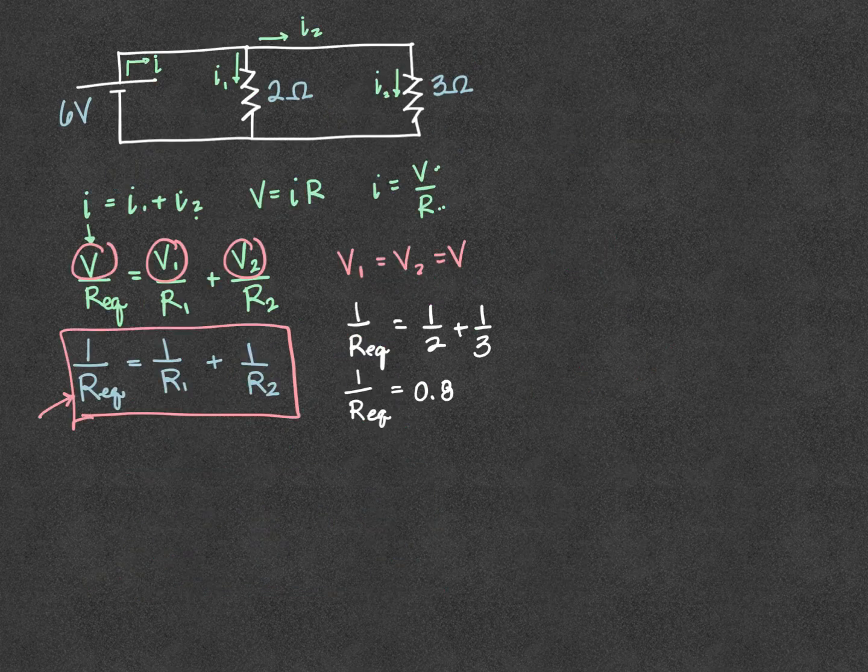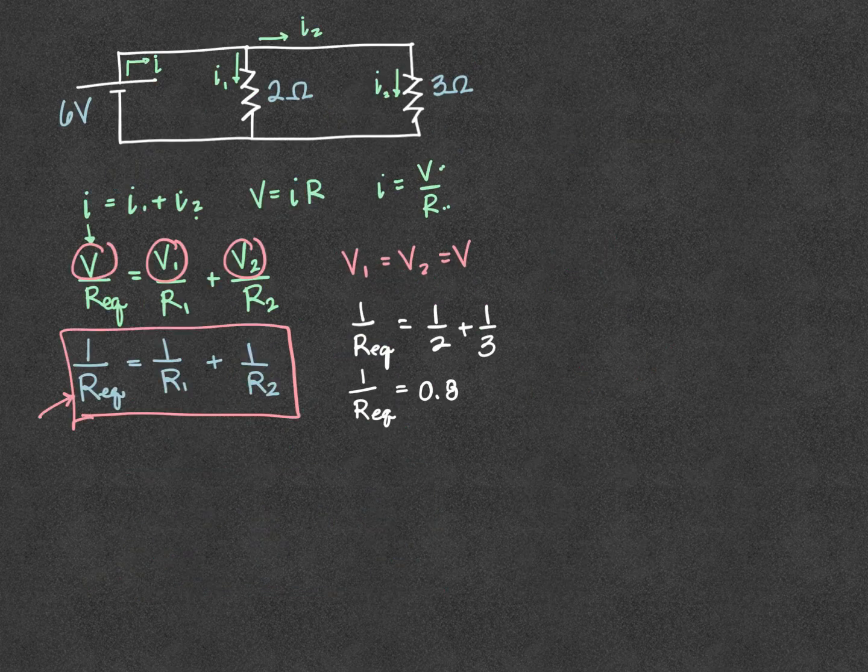In order to find the equivalent resistance, we need to take the reciprocal of both sides. So that gives me R equivalent is equal to 1 over 0.8, which is about 1.2 ohms. So the equivalent resistance of these two resistors together is 1.2 ohms.